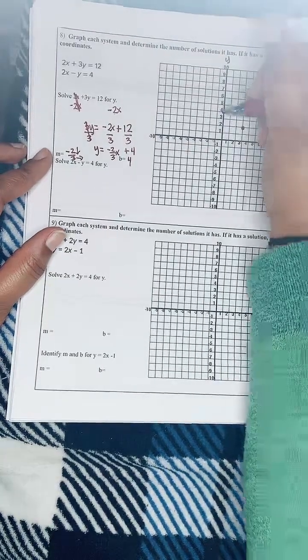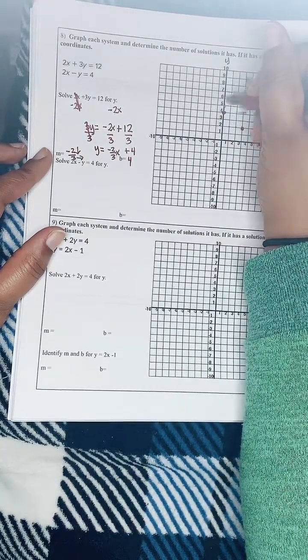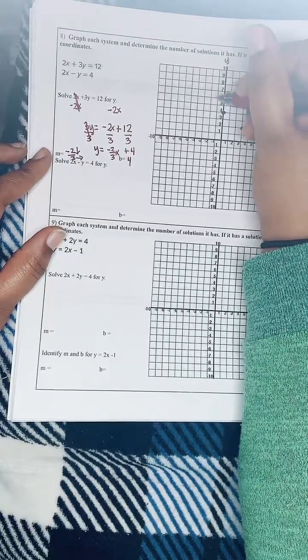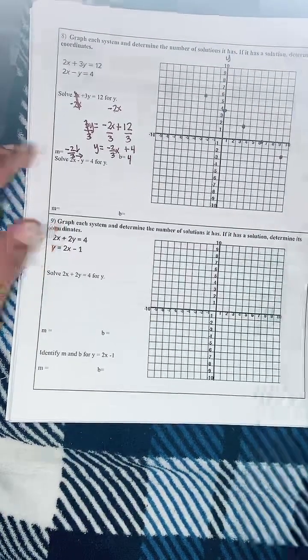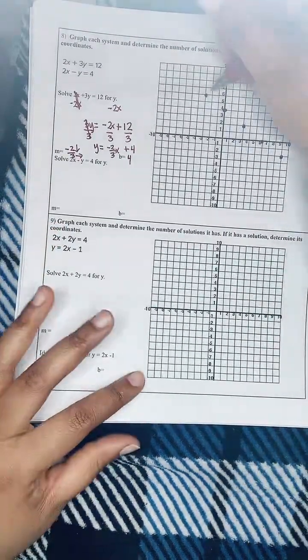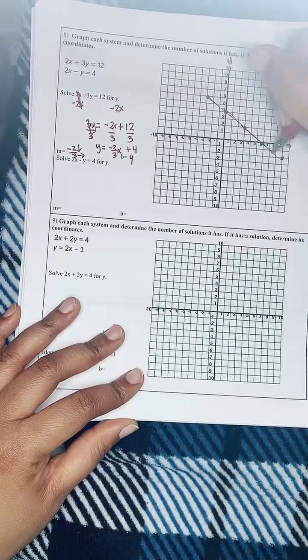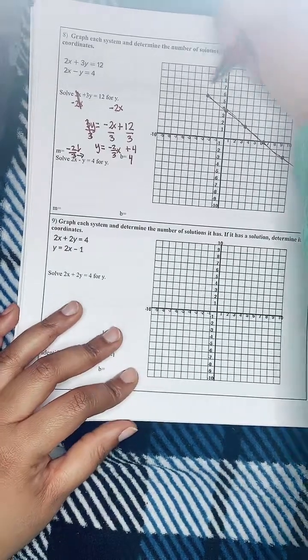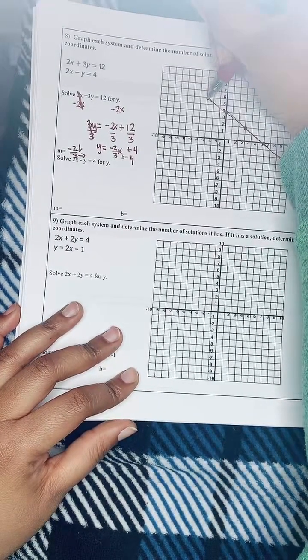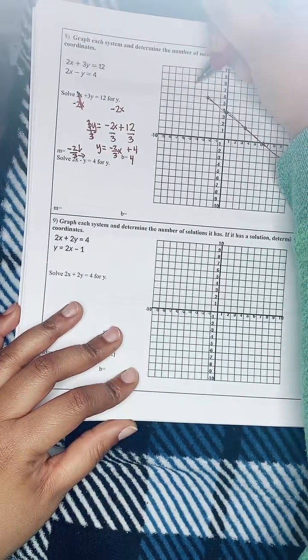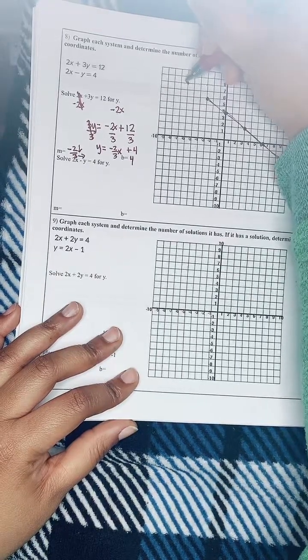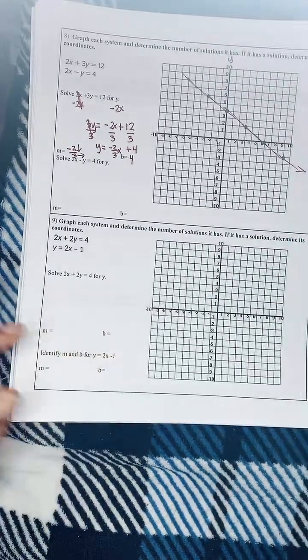So instead of dropping 2, we can go up 2 and to the left 3. And then that will be our line. That's our first line. Perfect.